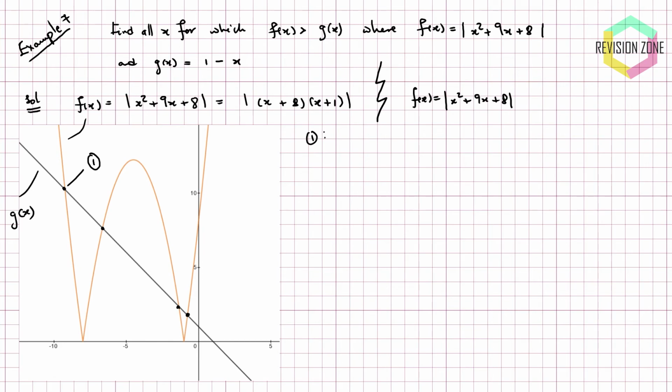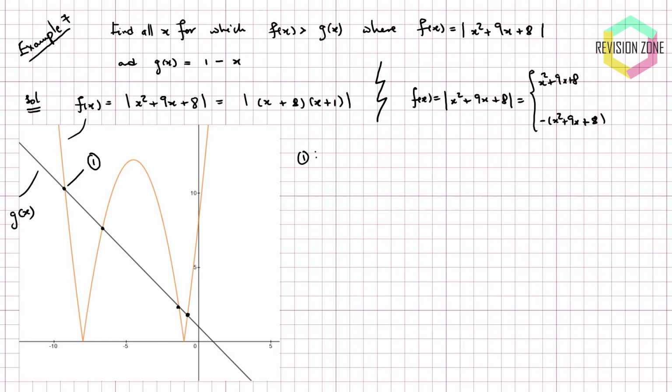So there's going to be a top branch, which is just the function, and then there's going to be the bottom branch, which is the negative of the function. I'll not worry about writing down the actual domain, because that would just make life a little bit harder, but it's pretty clear what domain these things are working for.